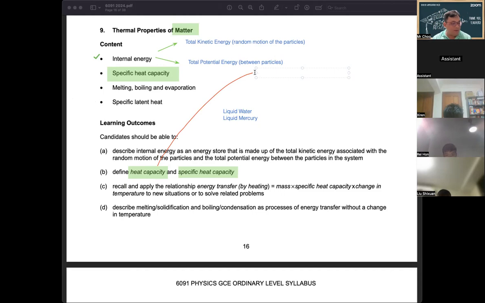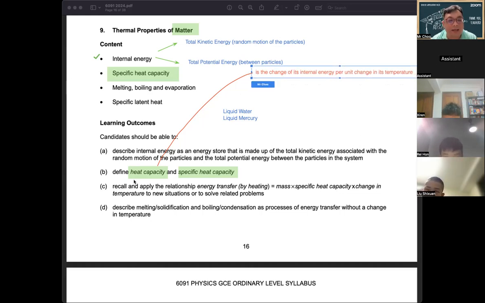Okay, so heat capacity of an object is the change of its internal energy per unit change in its temperature. For a start, this might not seem easy to understand.